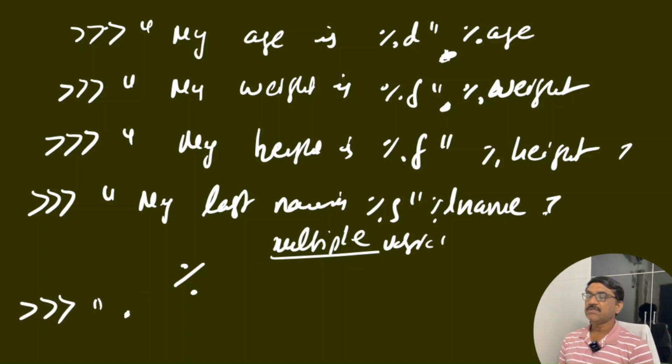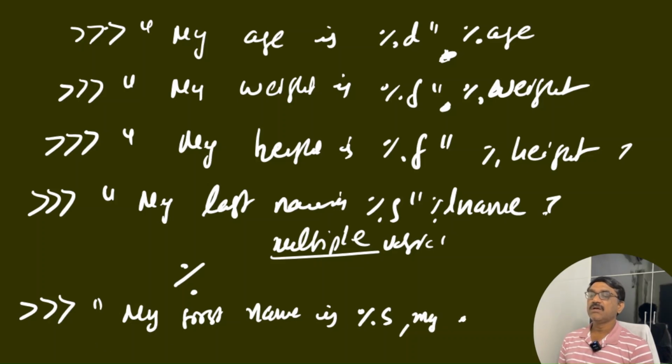Here I am writing like this, my first name is percentage s, comma, here I don't have space. In the next line I'm writing, comma, my last name is percentage s, comma.